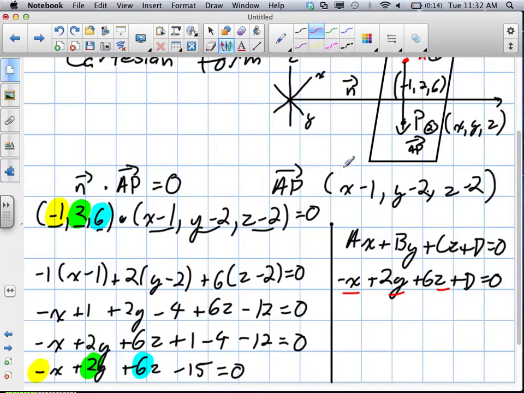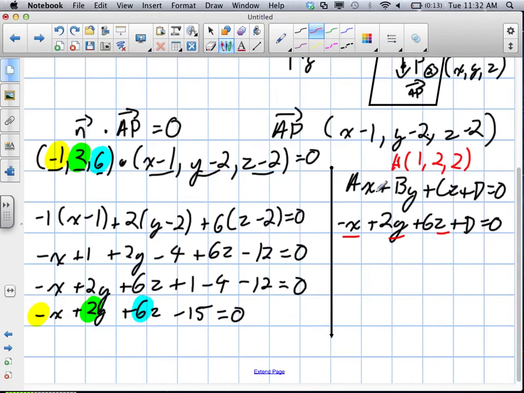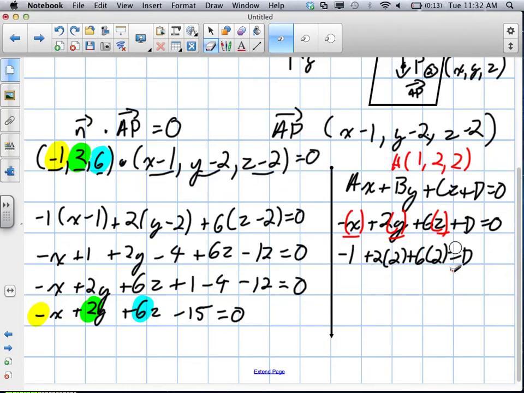We know the A coordinate from the beginning of the question was 1, 2, and 2. So this is a different method of solving this question. We could plug those in for the x, y, and z, and then solve for D. So that gives us -1 plus 2 times 2 plus 6 times 2 plus D equals 0.